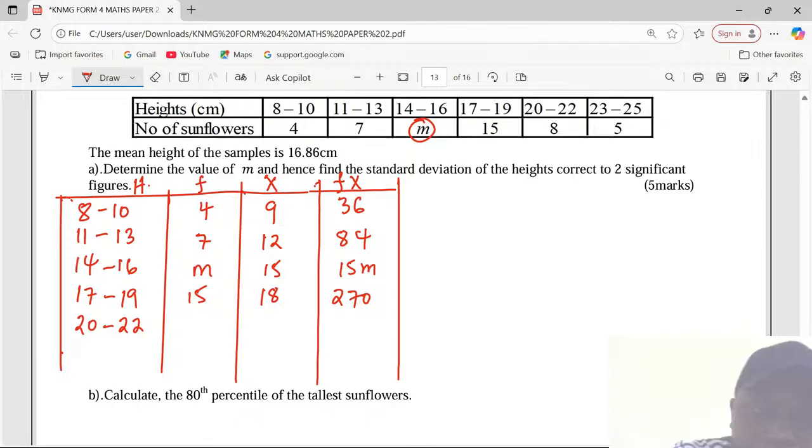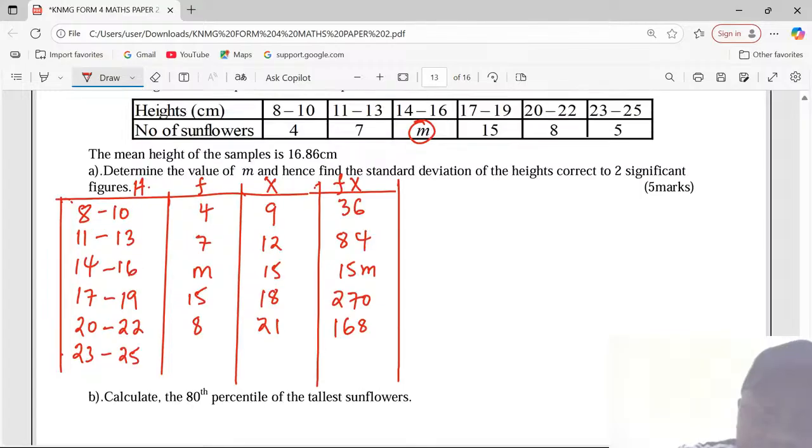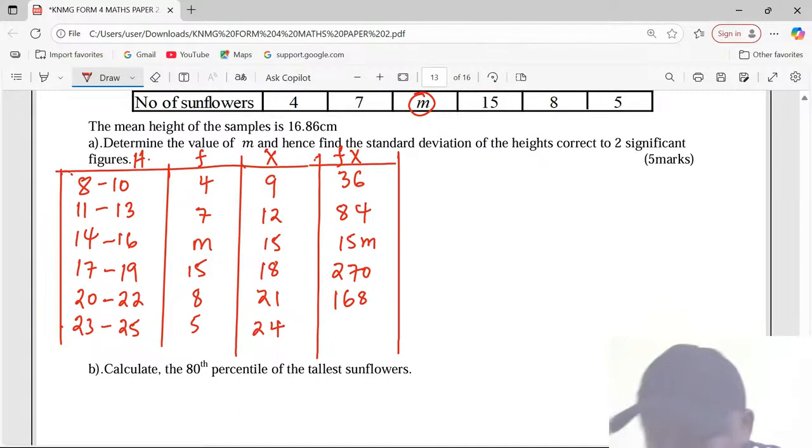The midpoint should be 21, and the frequency is 8, so we get 168. Then we have 23 to 25, a frequency of 5 and a midpoint of 24. So 24 by 5 gives us 120.